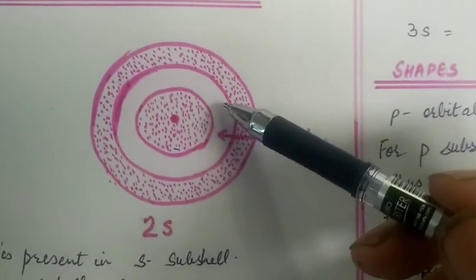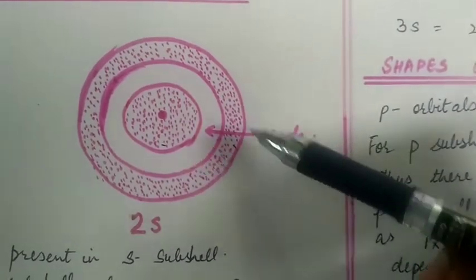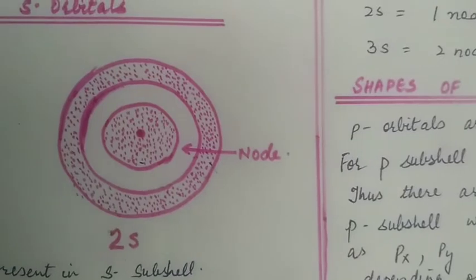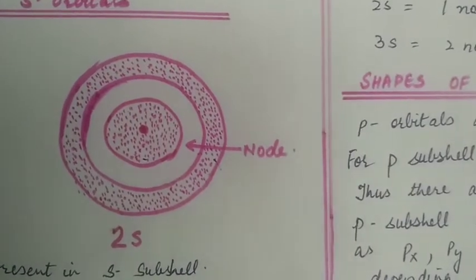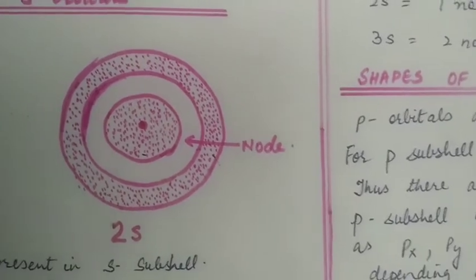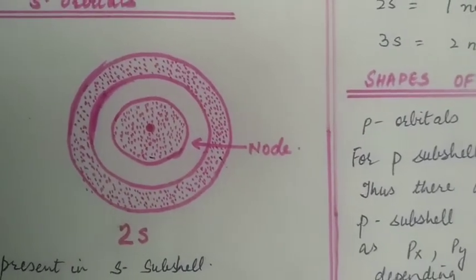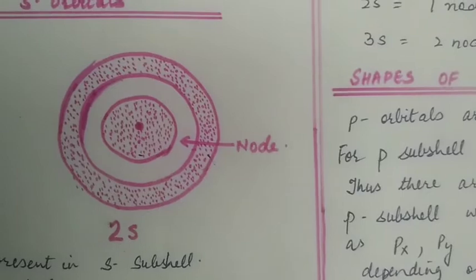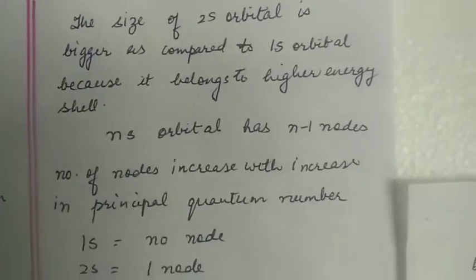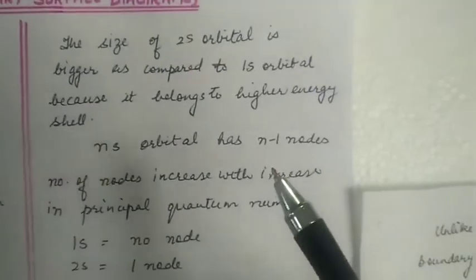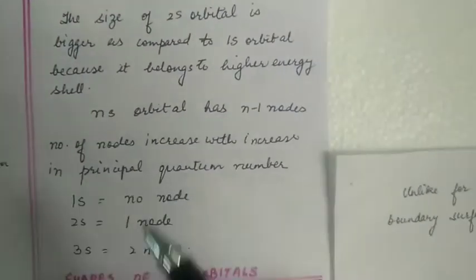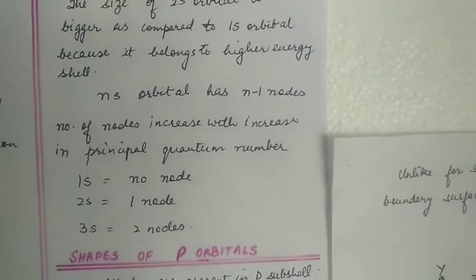This region is called a node, and the number of nodes in an ns orbital is related to the quantum number. The total number of nodes for an ns orbital will be n minus 1. The number of nodes increases with increase in principal quantum number.